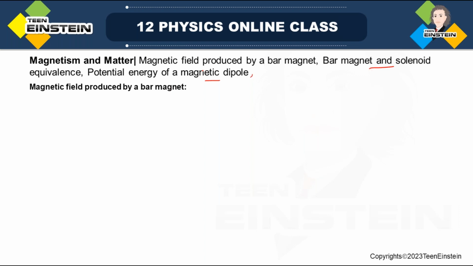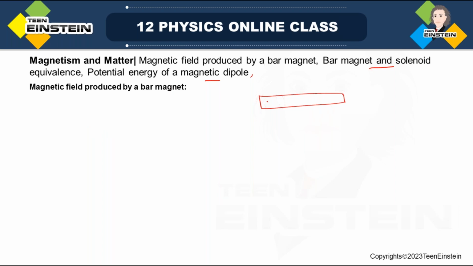Before I start today's topic, let me just recap what we have done yesterday. We have seen that a bar magnet, even though there is no magnetic monopole, in the sense you cannot say there is plus magnetic charge or minus magnetic charge, still for a bar magnet we have assumed that as if north and south pole are created by two opposite charges.